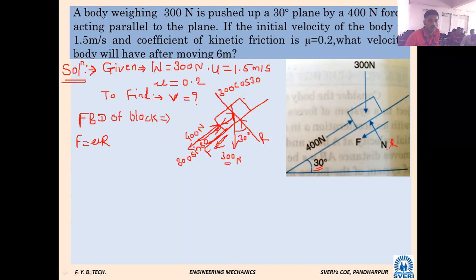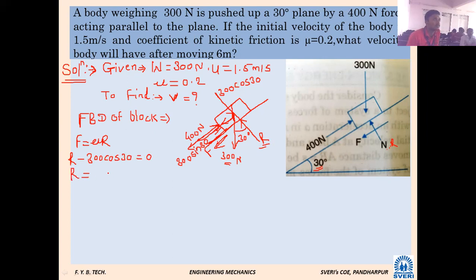From this, can we find the value of normal reaction R? R is going upward, so positive, minus this 300 cos 30. This 300 cos 30 is going downward, that's why it is negative, equal to 0.